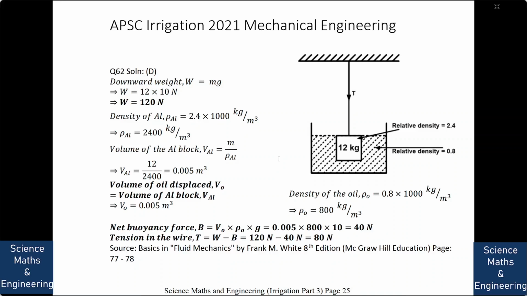Now the earth is pulling the aluminium block with a force of 120 Newton, but a buoyant force of 40 Newton is being applied by the oil. So the remaining 80 Newton would be the tension in the wire. So our answer is 80 Newton, that is option D.